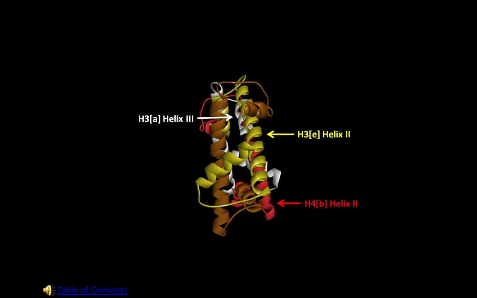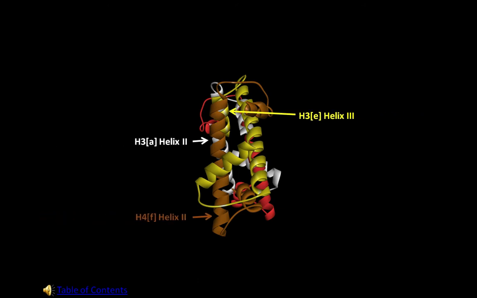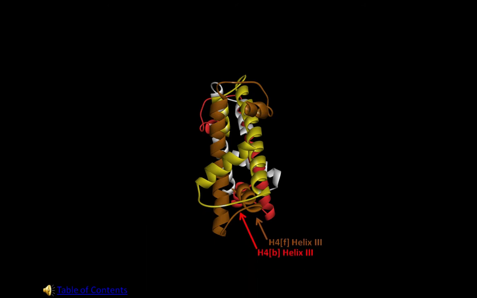The second layer consists of the long helix 2s of H3a and H4f, also including helix 3 of H3e, which is barely visible in this view, but which in the frontal view forms the other side of the H3-H3 inverted V formation. There's a small 3rd layer consisting only of the helix 3s of H4b and H4f, lying between the 2 main layers. It's better seen if we rotate a bit.